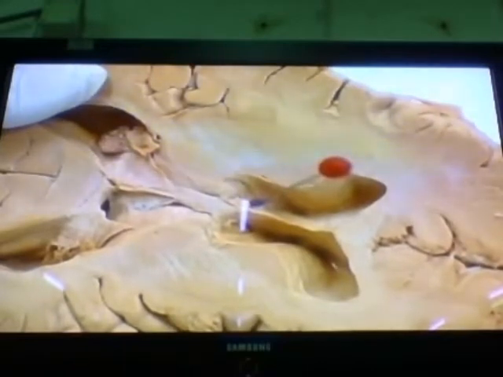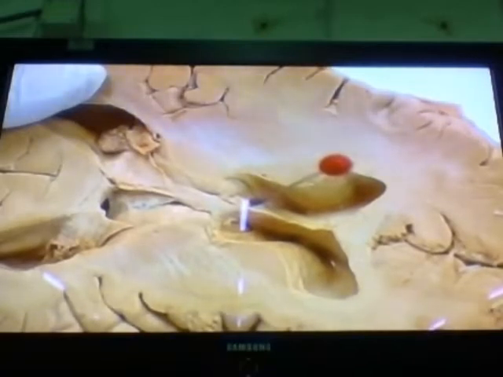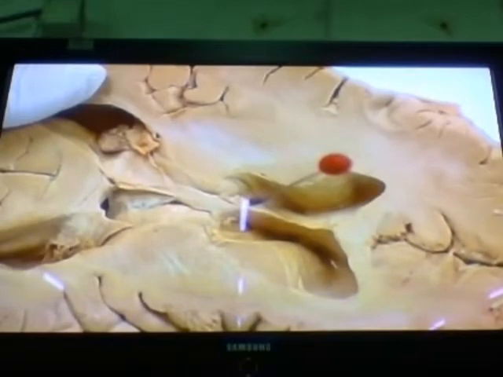It is produced primarily by the choroid plexus of the lateral ventricle. How many mils produced each day? 500 mils. Turnover rate, 3 to 4 times a day. Effective weight of the brain in CSF, 50 grams compared to 1.5 kilograms. Function is basically to cushion the brain.